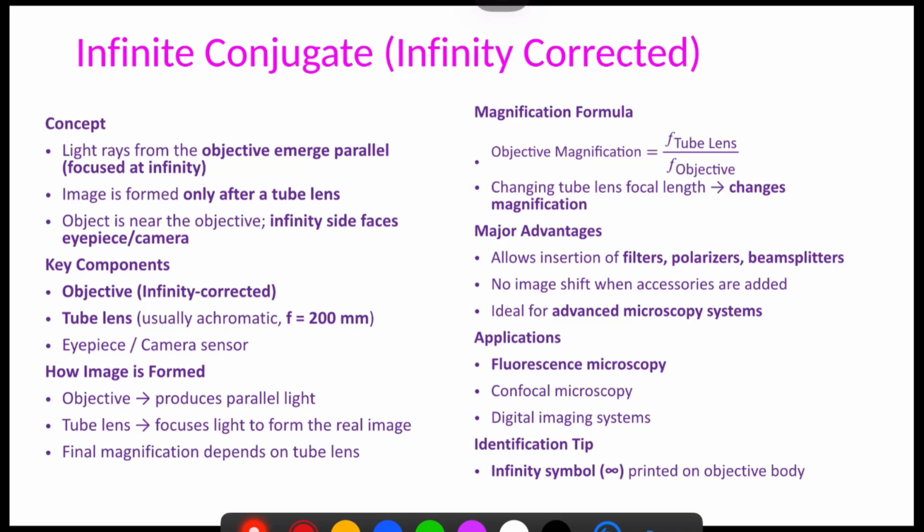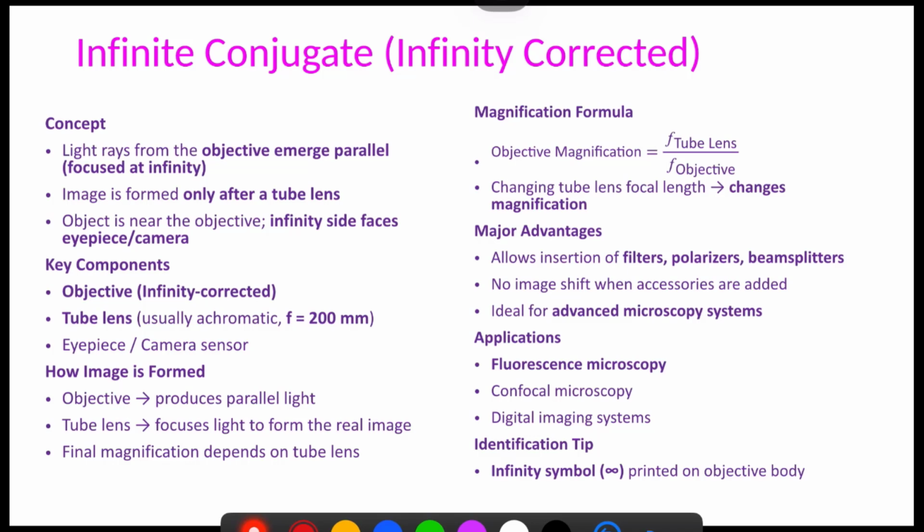Now what are the key components? One is the objective, and most important is the tube lens, which is present only if an infinity corrected microscope objective is there. Then how is the image formed? The objective produces parallel light, the tube lens focuses light to form the real image, and final magnification depends on the tube lens.